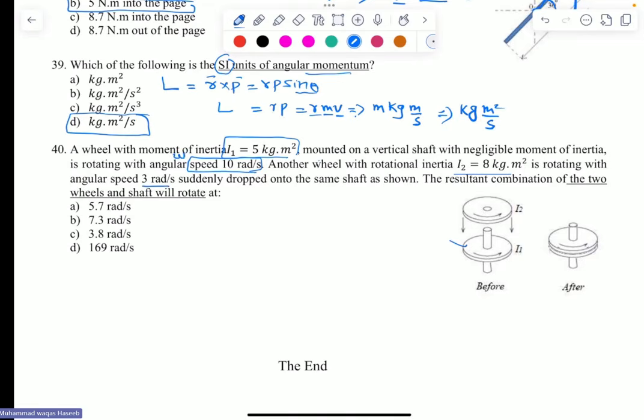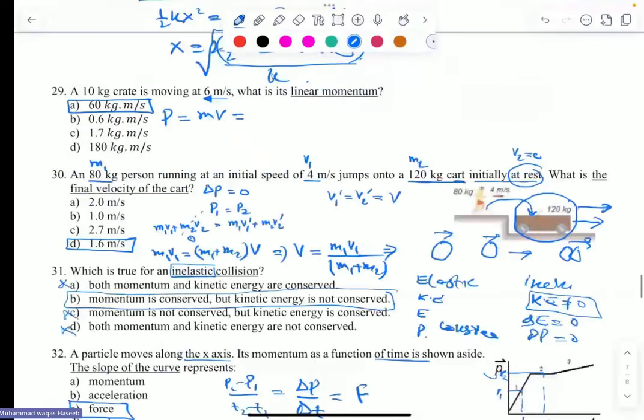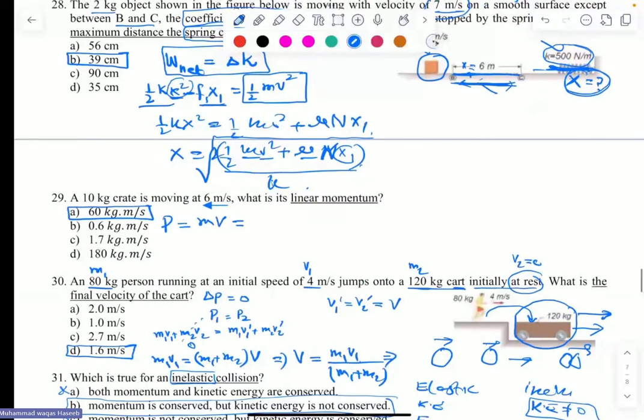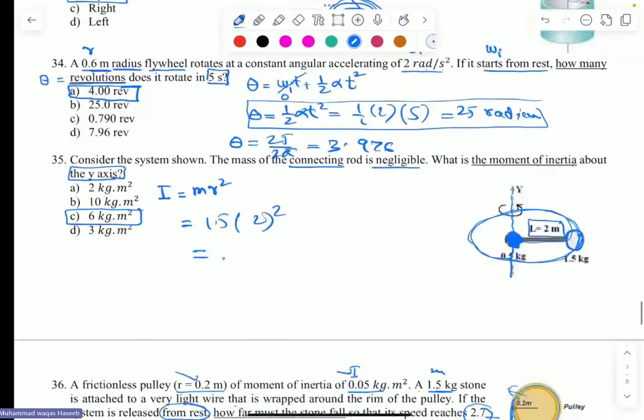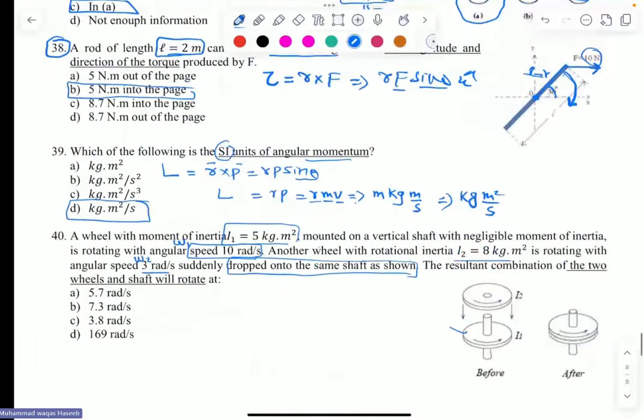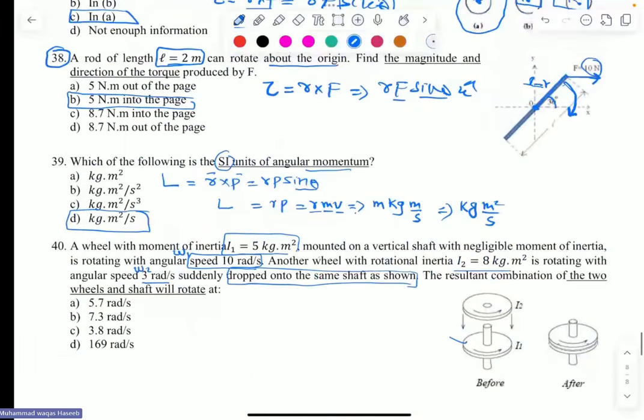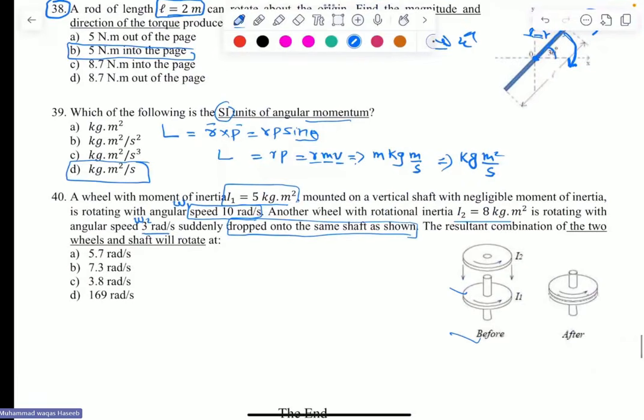This is your omega 1, this is your omega 2, and it is suddenly dropped onto the shaft. If you remember a problem like this, that was linear momentum, and now this is angular momentum. So this is before and this will become after.